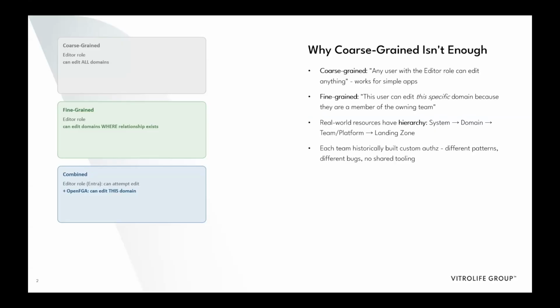We are very used to working with APIs like Microsoft Graph, which supports this. So we wanted to find a middle way between how Microsoft Graph is, but also be able to do the same fine-grained authorization. In our case, we will be talking about domains, teams, platforms, and landing zones.